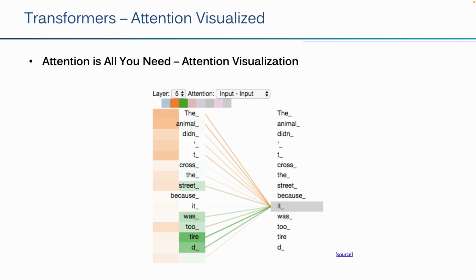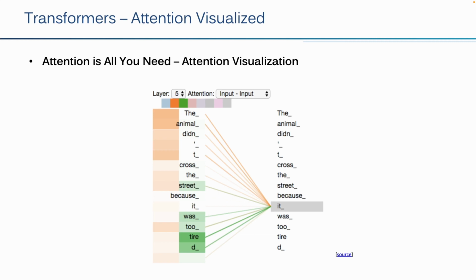That's our first intuition, right? It is the animal. But in another attention layer, this also relates to tired. So it found the dimension that the animal is tired and it is tired, okay? So the animal is it in the same sentence, but also there's a relation between the animal and tired. And this is like a cross relation because it is the animal and it is tired, okay?